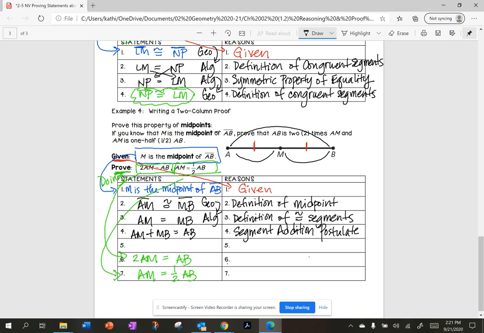Now, I know that AM and MB are congruent. So I'm going to substitute AM where I have MB here. So now I have AM plus AM equals AB. And I did that because I can substitute.